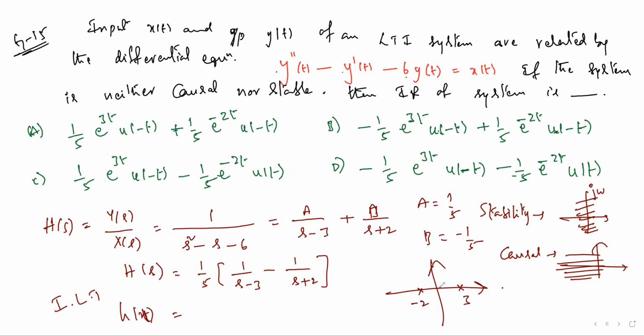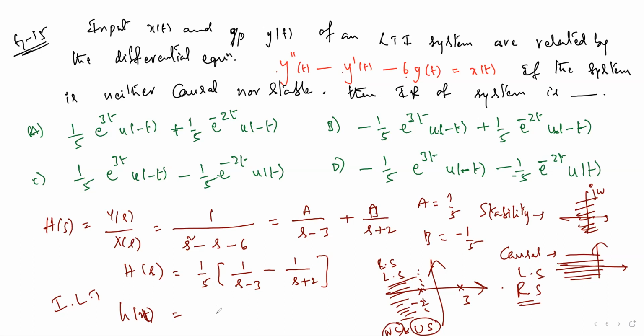But what about the other condition? If both are right side, then it cannot be neither causal, it will become causal. If both are left side, then what happens? The left side of the leftmost pole will be the ROC for both. Then j omega is not included, so it will become unstable and non-causal. So the both-left-side case is matching.